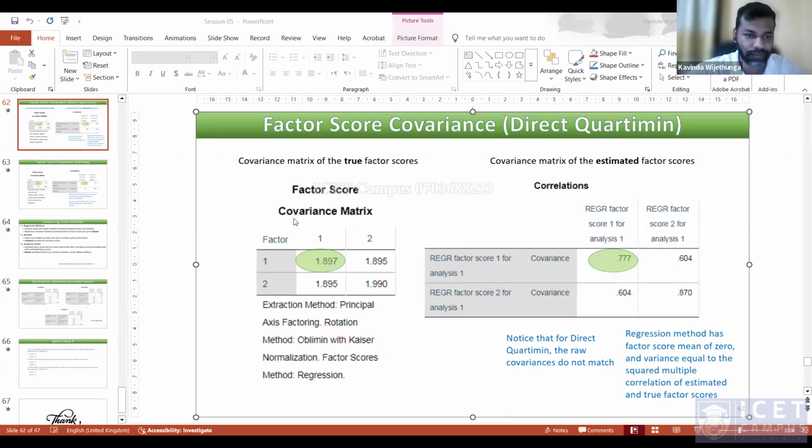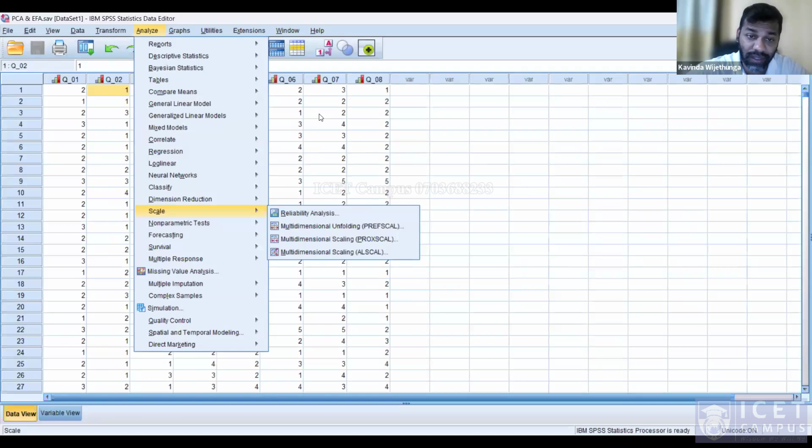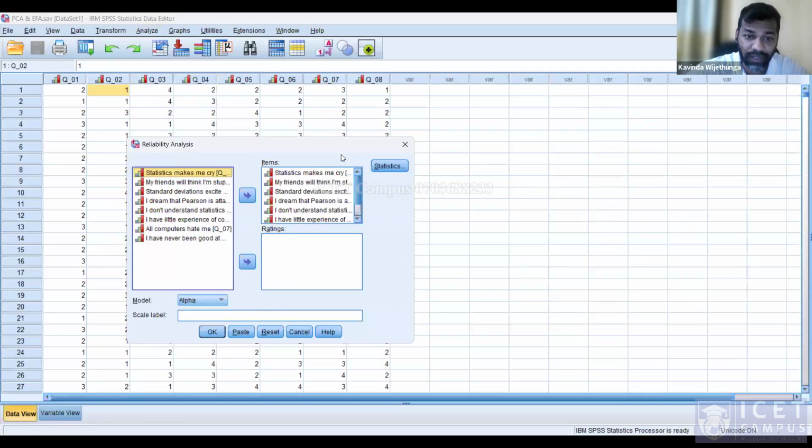Then we can take all these items here. There are many methods, so we are taking the alpha method, right? If you need item statistics, then scale if item deleted, we can take, okay? Then Cronbach alpha values. What happens? Not selected, no. So we have to select this. Okay. Then you can see here.